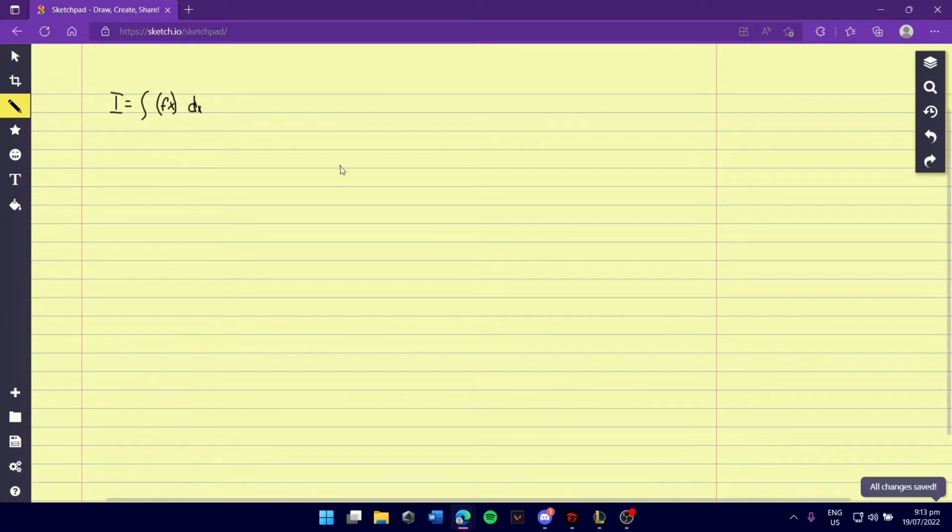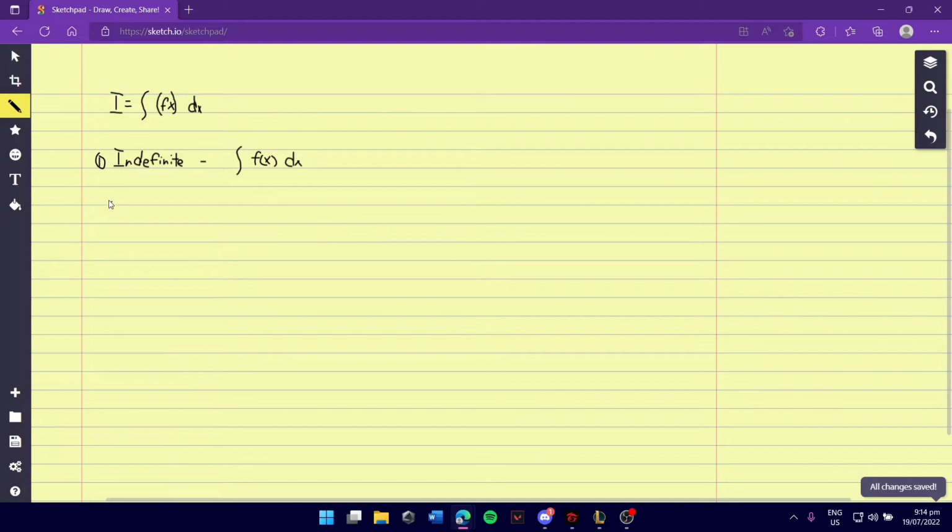So we have here the two types of integrals. The first type of integral is our indefinite integral, which is the integral of the function of x times dx.